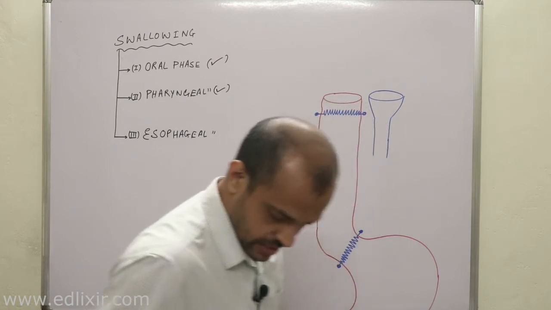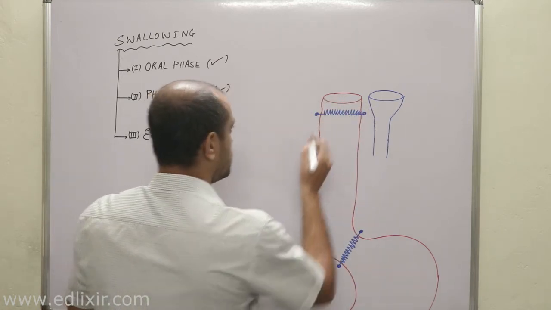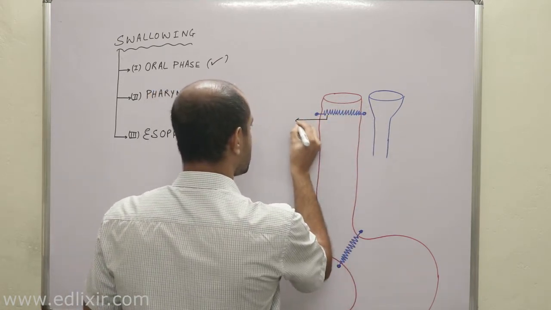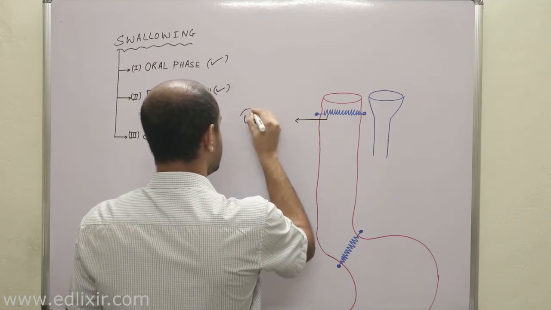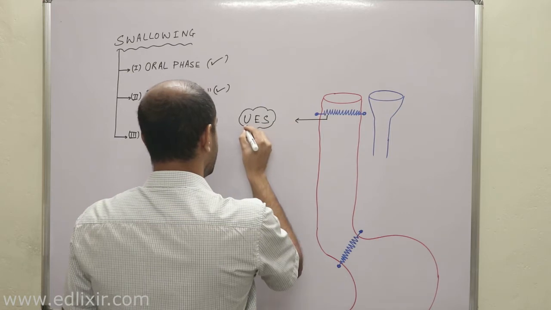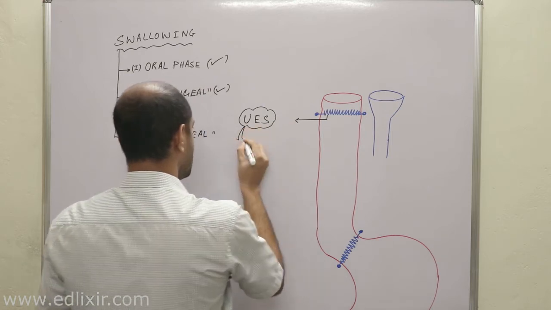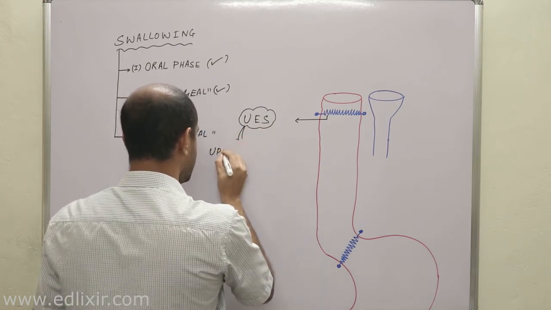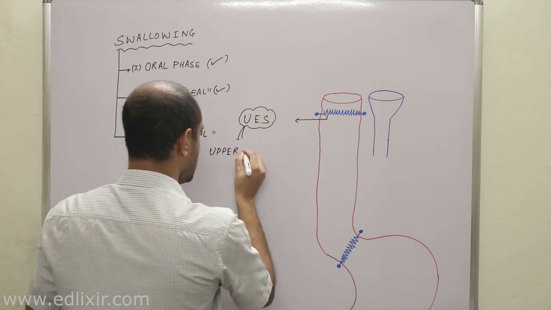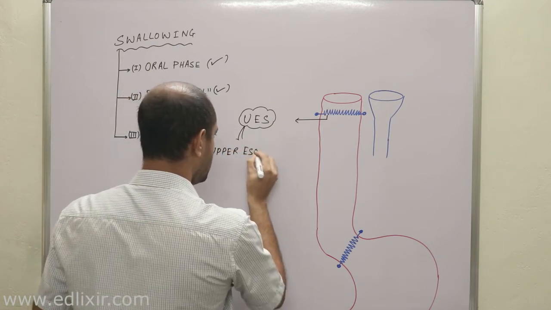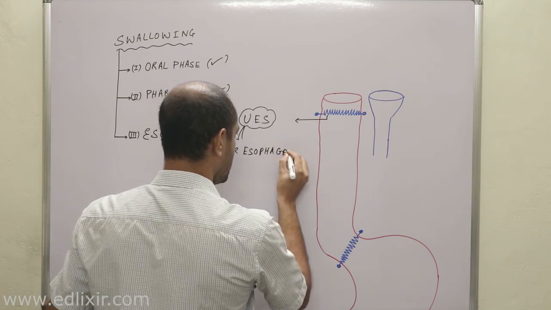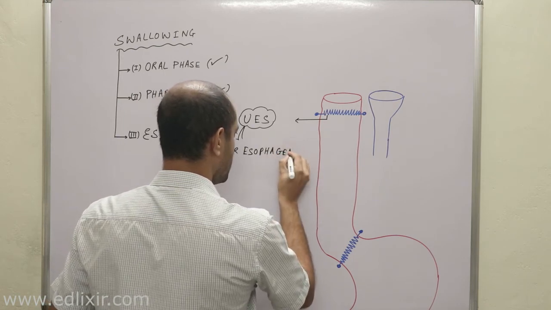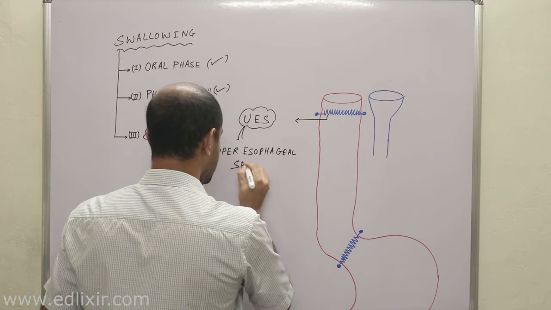Now listen, this is called the upper esophageal sphincter.